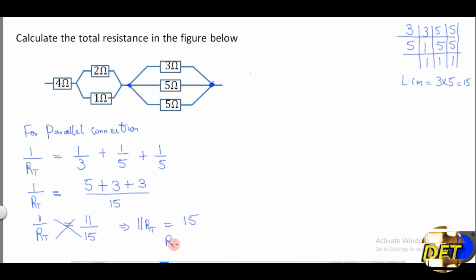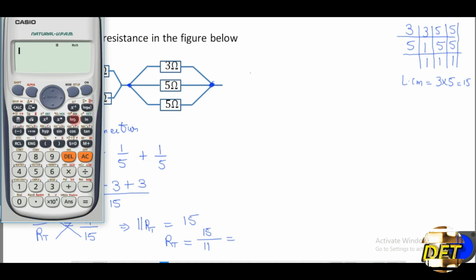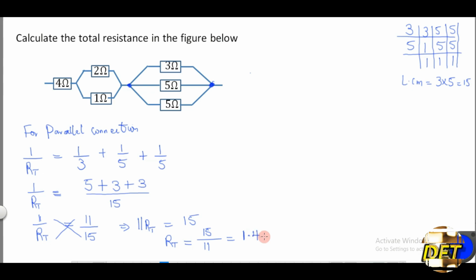So my R_T, which is the total resistance, will be equal to 15 divided by 11, that is equal to 1.36, which is approximately 1.4 ohms, right? So this is the answer for this parallel connection.